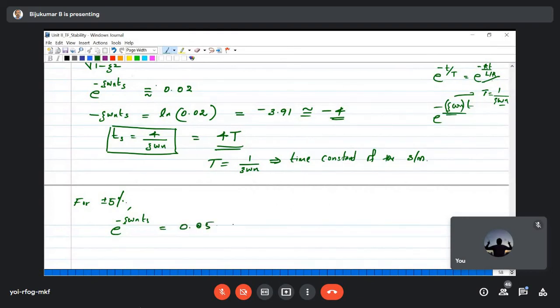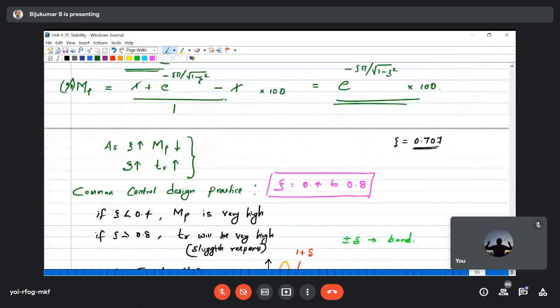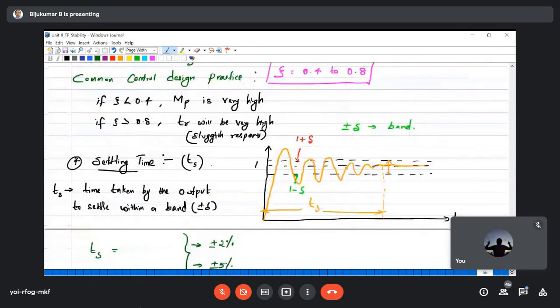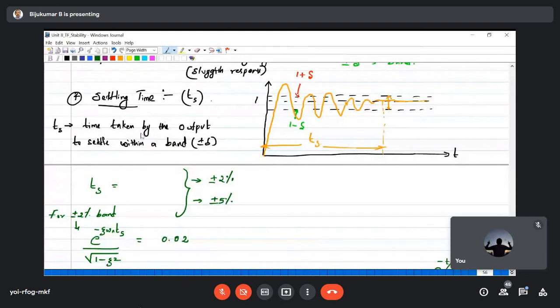If you do all the exercise, you will get ts as 3 divided by zeta omega n, which is equal to 3 times T. Clear? So if you move up, this is 4 by zeta omega n, and this will be 3 by zeta omega n.